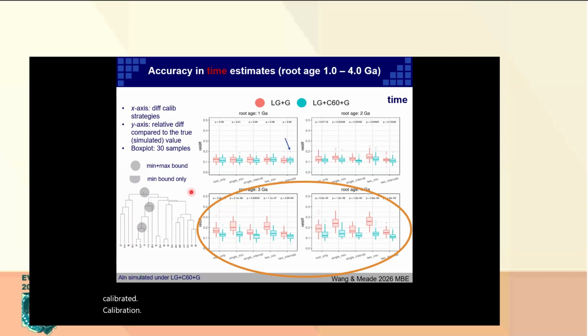calibrations. And you can see that if in simulation, if the root age is over 3 billion years ago, we see that the mixture model LG plus C60 performs significantly better than their homogeneous counterparts.